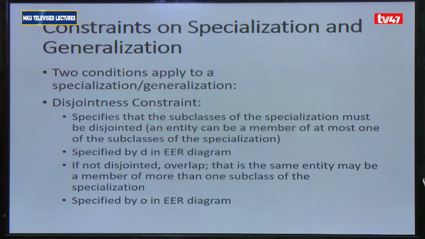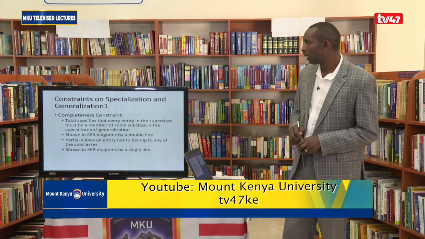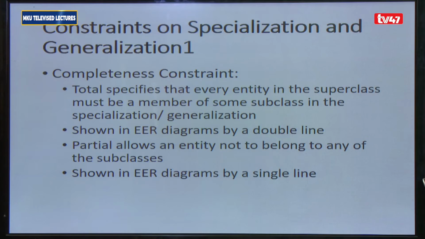We are using an O and we are using a D. An O is being used to denote an overlap. A D is being used in denoting a disjoint.